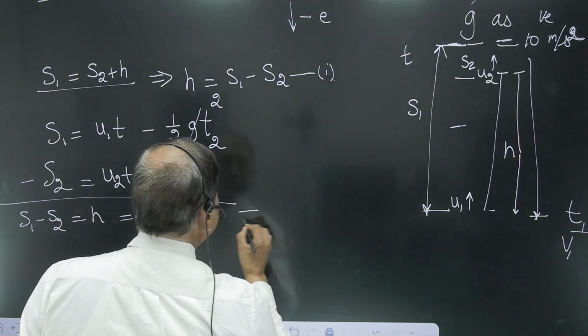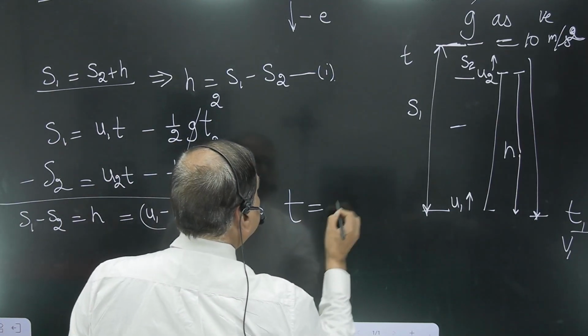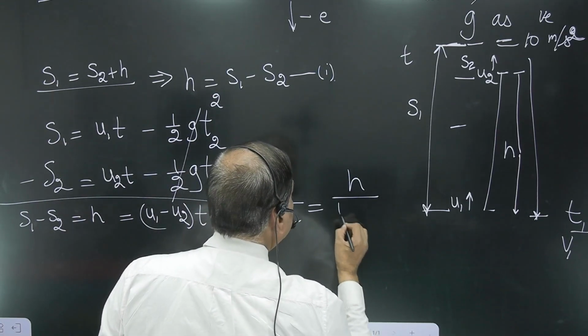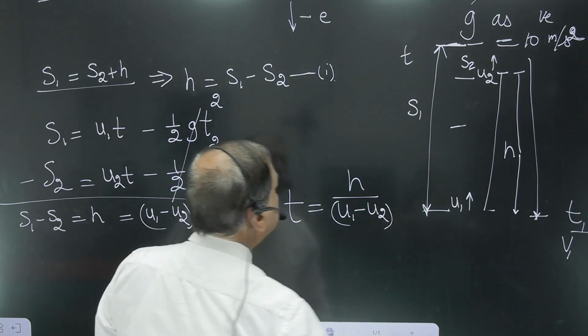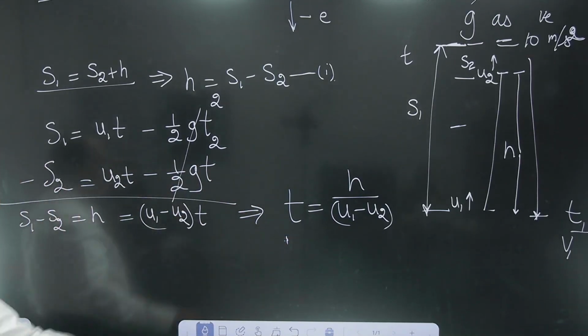That gives us T is equal to H divided by u1 minus u2. So that is the first thing we calculate.